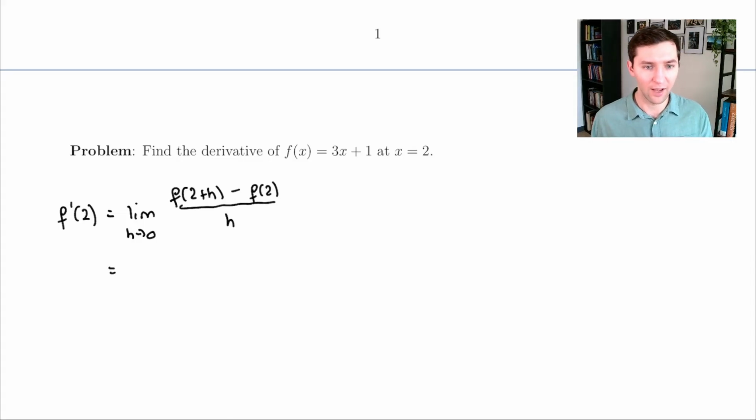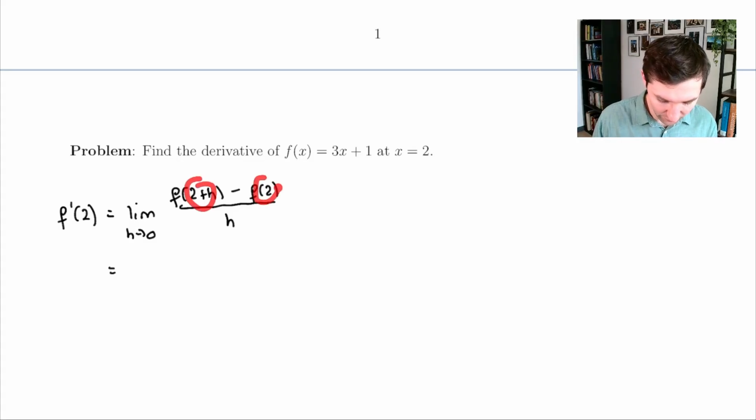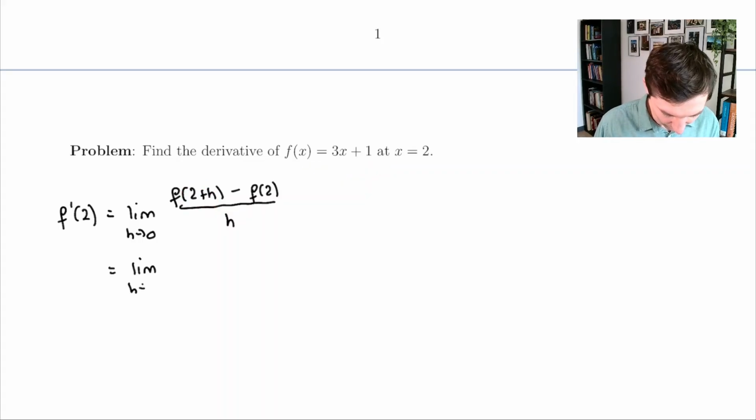Just like before, I can't simply plug in 0 for h into this expression, because then I get 0 divided by 0. Instead, I plug in the inputs to the formula of my function. When I plug in 2 plus h into the formula, I will get 3 times (2 plus h) plus 1.